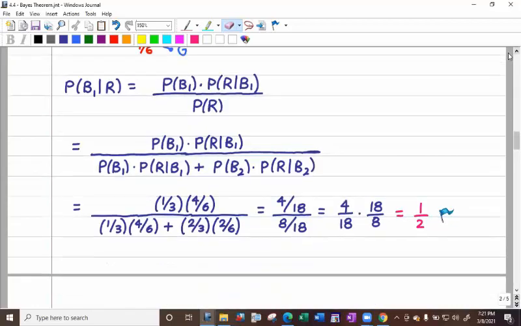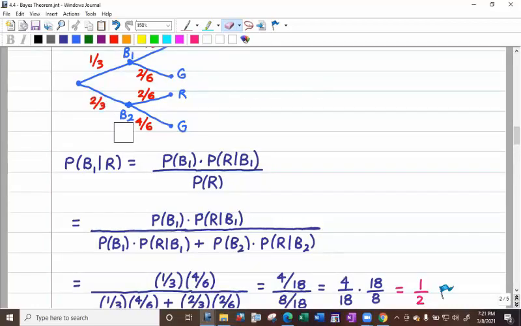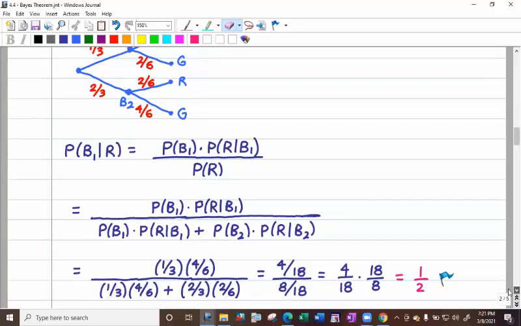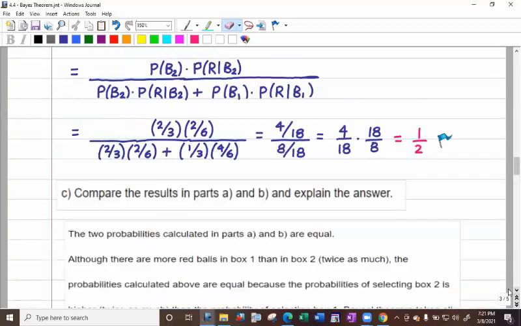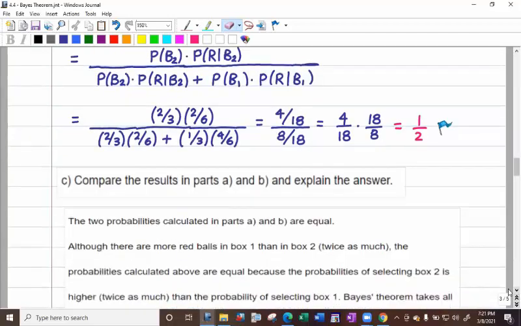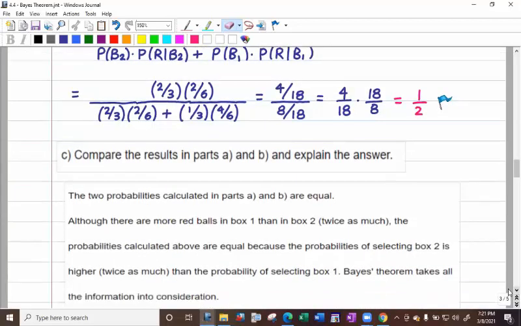So the numerator will be 2/3 times 2/6. B2 times red. And that one also happens to end up being 1/2, just by coincidence. It's sort of explained down here a little bit. You don't have to worry too much about it, but it's just a coincidence.